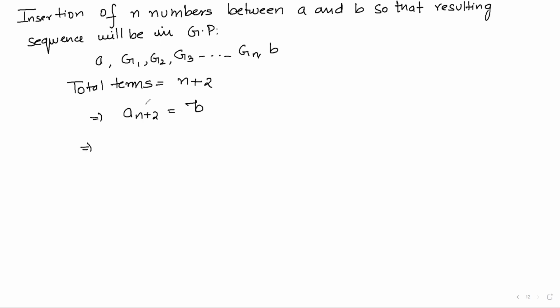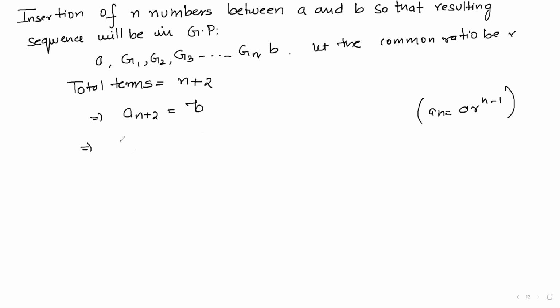And now put the formula. We have this a n plus 2 is equal to B. Now a n plus 2 means we have this formula an is equal to a r to the power n minus 1. So we will assume let the common ratio be r.